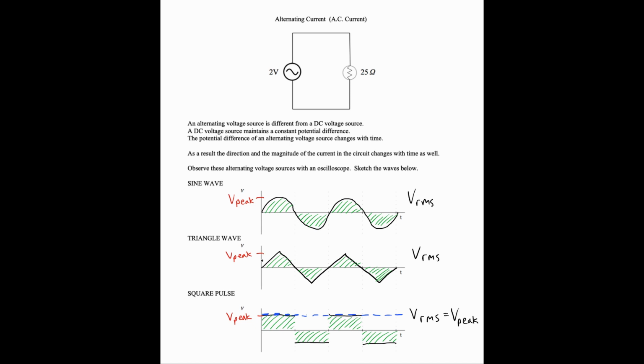Now you might be tempted to think that for the triangle wave, the VRMS might be half the peak value. But because this is a root mean square technique, a statistical technique, it's not exactly an average value. It's just a little bit different.